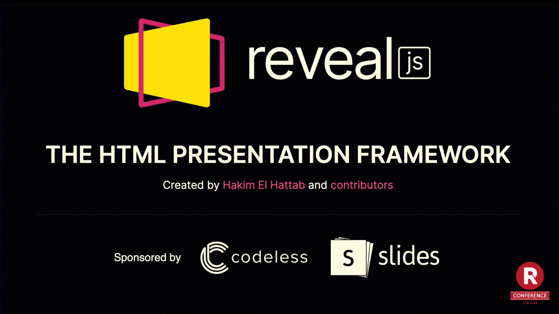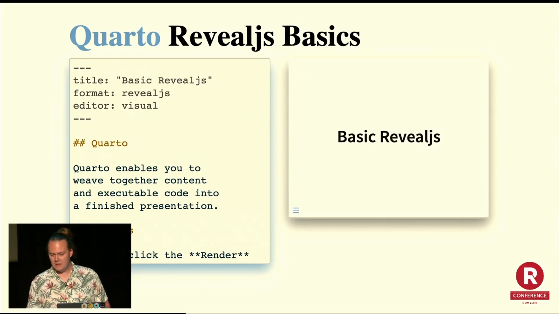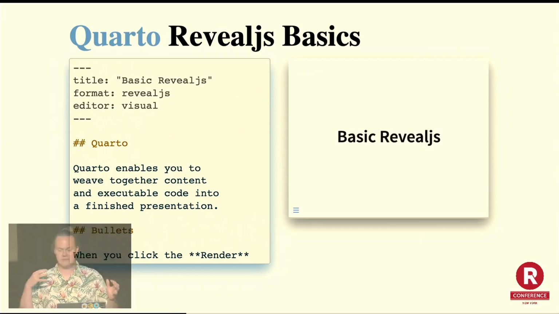These types of slides are reminiscent of the remark.js slides that we used to make. There are some subtle differences in syntax and how everything actually works, but it's the same idea. You create basically a website, and this is what I'm using right now.